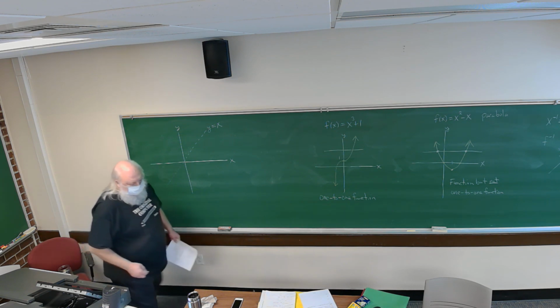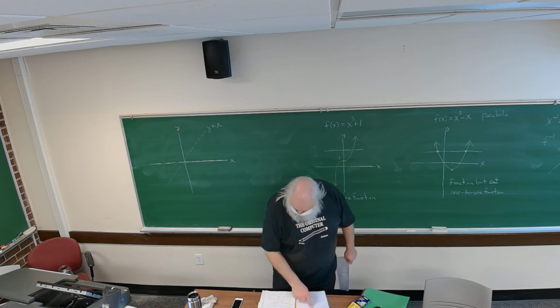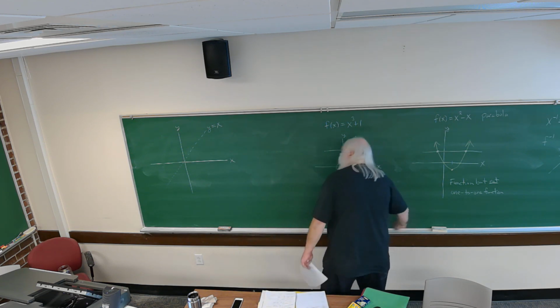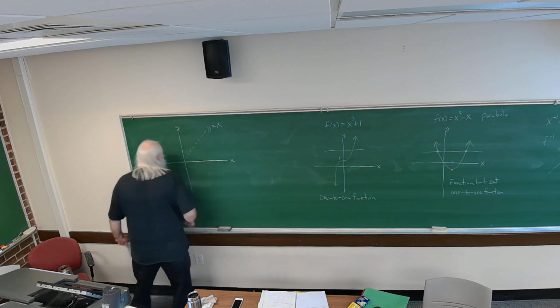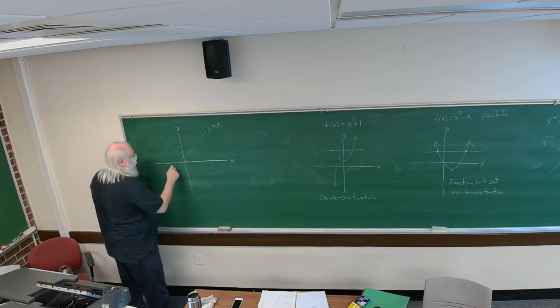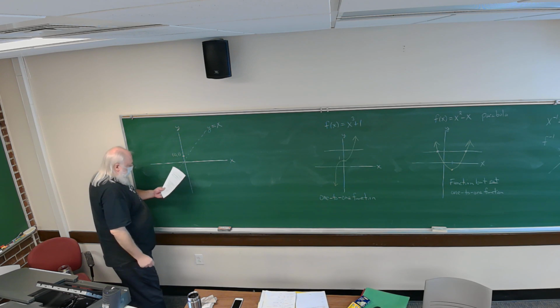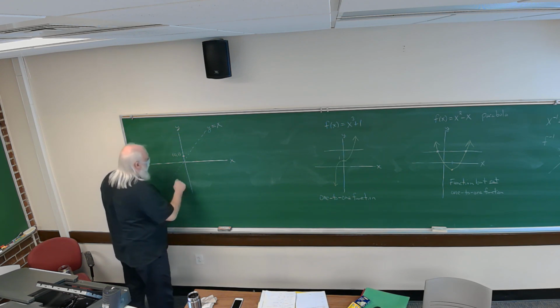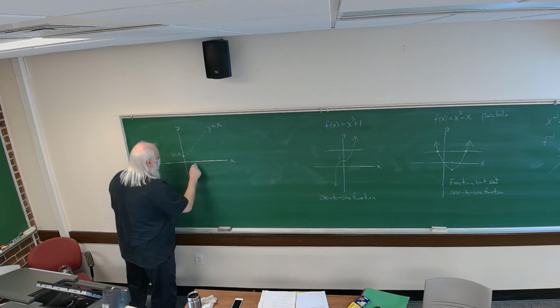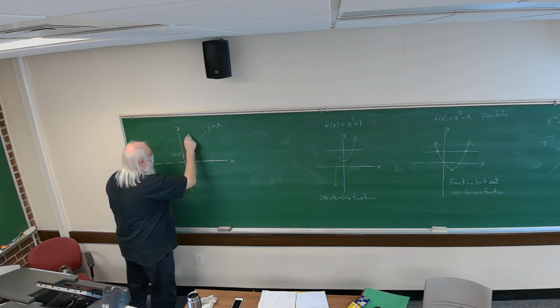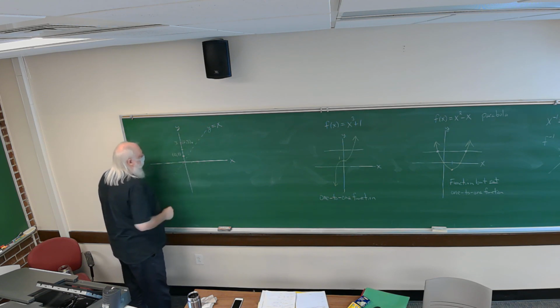And I just made up a function f of x that is one-to-one. My function crosses the y-axis at the point (0, 1). At x equals 2, the value of the function is 3, so this is the point (2, 3).